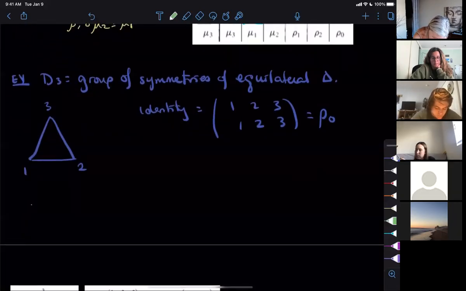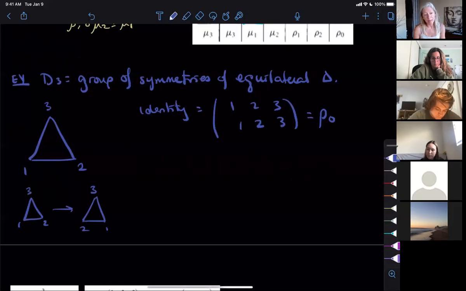If this was my original one, and I went to, what would the motion be? It's like flipping it 180 degrees around a vertical axis. Yeah, exactly right. We're flipping it around this vertical axis.